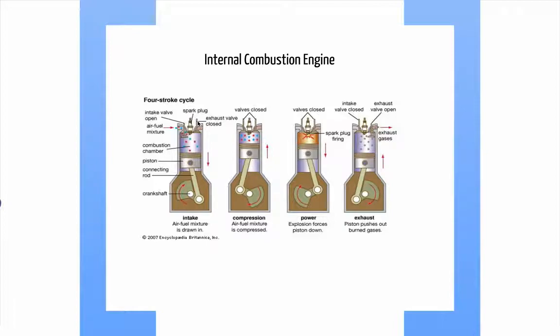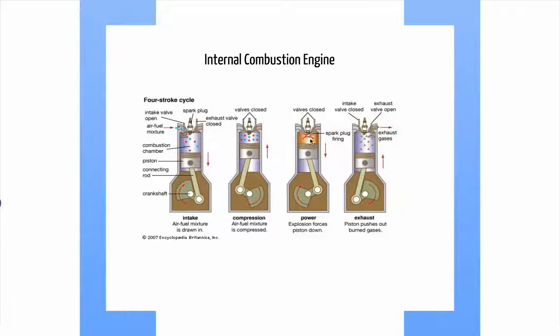So first, you have the air-fuel mixture drawn in, so it's rotating in that direction. The valves are then closed, and there's compression. It continues rotating, so this chamber is now compressed, so high pressure, low volume, and we'll come to a pressure-volume curve soon, so keep that in mind. The air-fuel mixture is compressed. There's a lot of potential energy there.